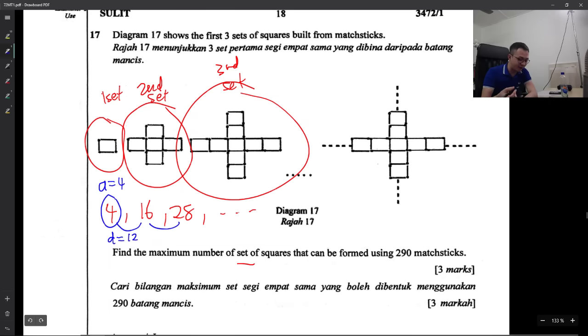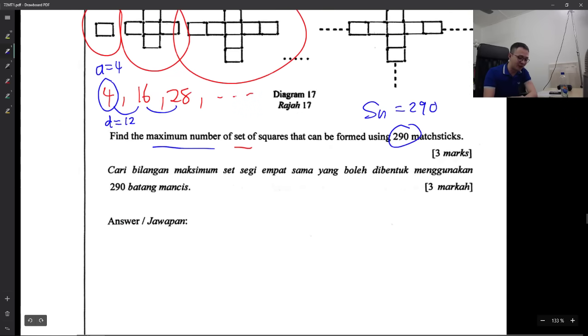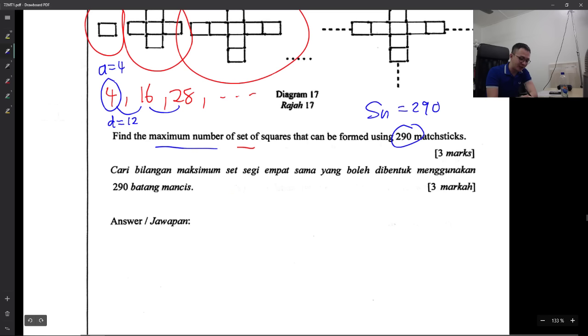So we got the values a and d. For the maximum number of squares that can be formed with 290, I will do Sn equals 290, and I know this is an AP. So I will use the AP formula: Sn equals n over 2 times (2a plus (n minus 1)d).